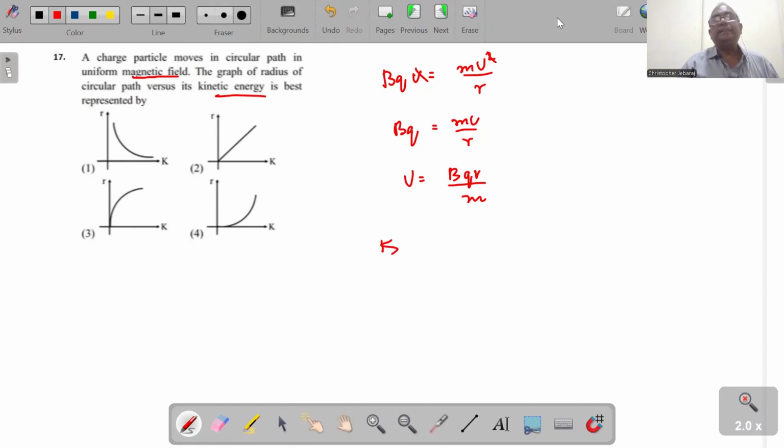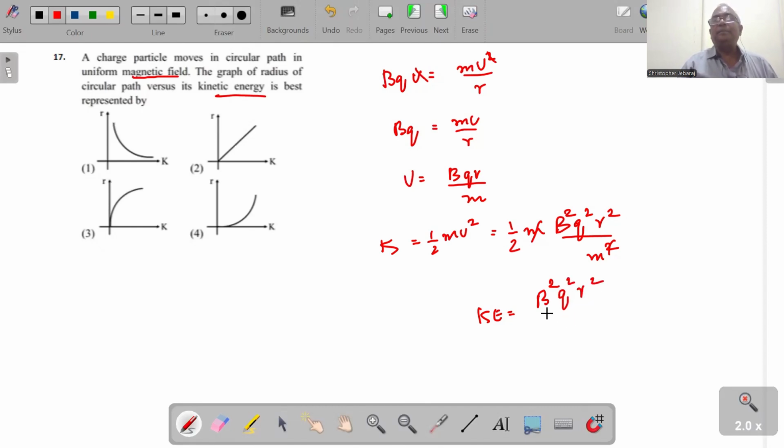Kinetic energy is nothing but K equal to half mv squared, half into m into v squared, half into m into v, which means BQr by m the whole squared, B squared Q squared r squared by m squared. One m and m will get cancelled. So the kinetic energy will be equal to B squared Q squared r squared by 2m.